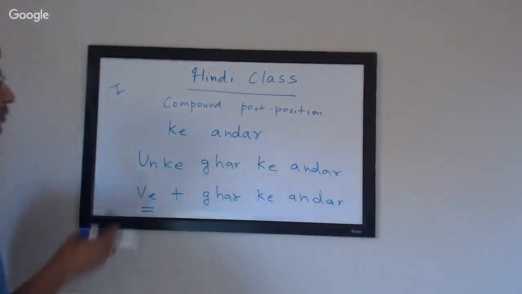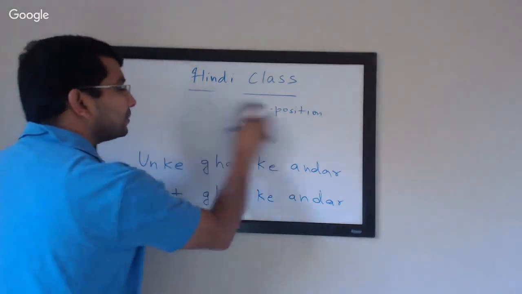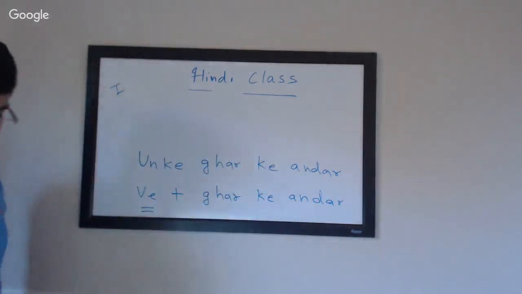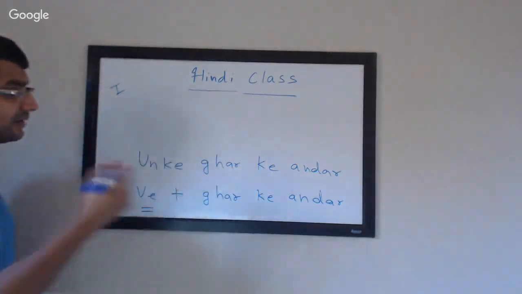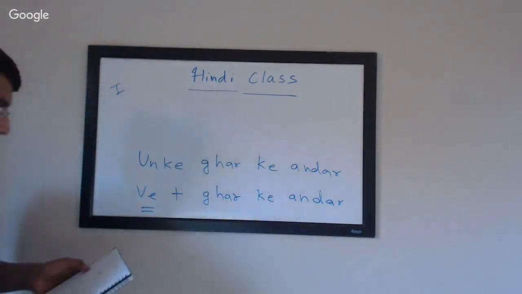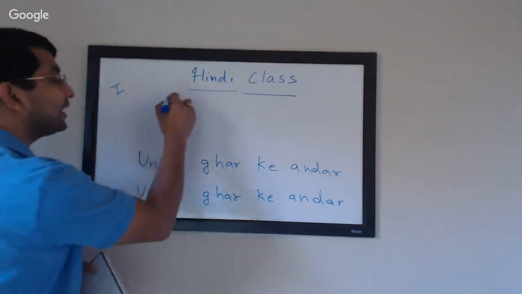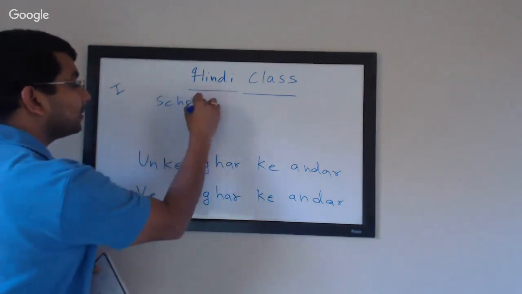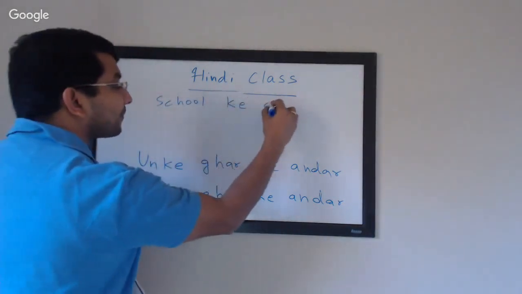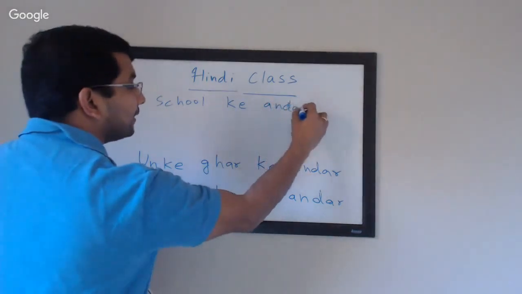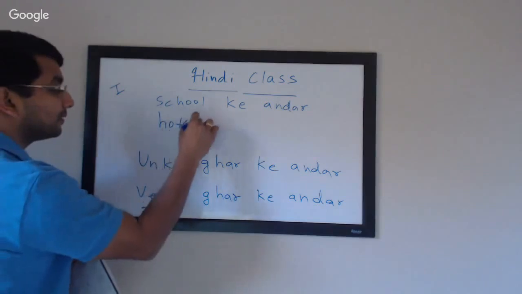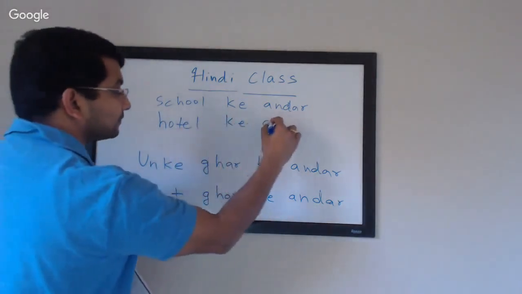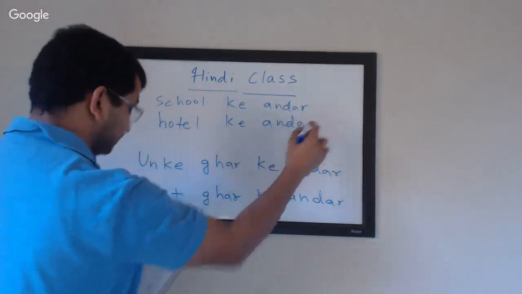So let's keep going and let's discuss more examples. And as I'm writing it, don't limit yourself. Think about other cases where you can write it down, such as school ke andar, inside the school, hotel ke andar, inside the hotel.